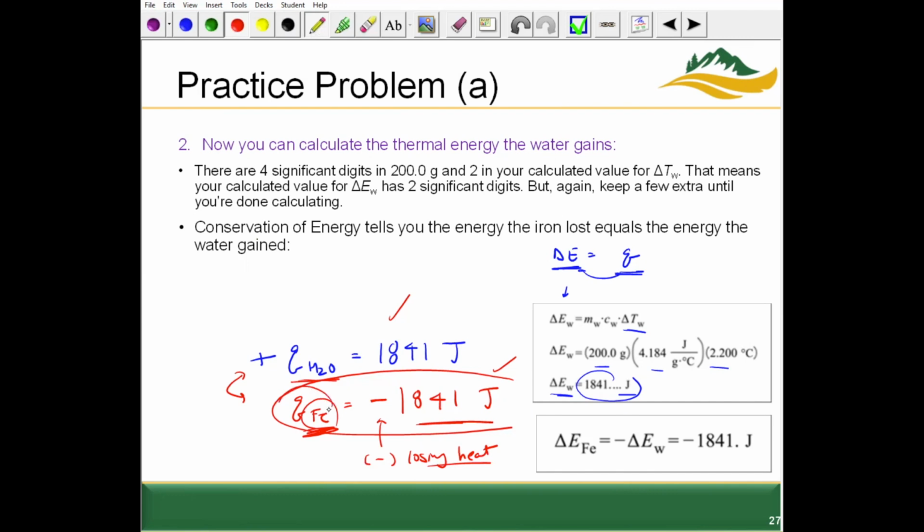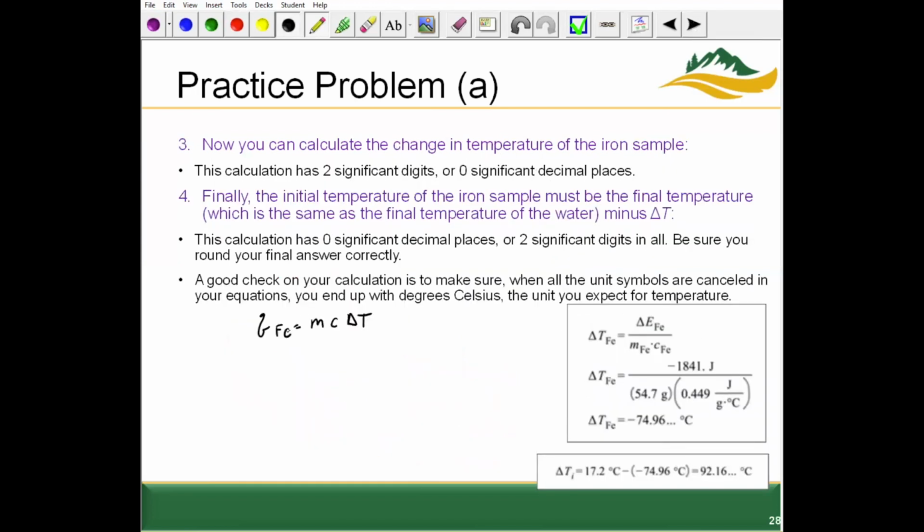Now we can take this and still think about Q of Fe being equal to mc delta T. This has to be the mass of iron, specific heat capacity of iron, change in temperature of iron. So Q of iron equals mc delta T. Q of iron must be negative 1,841 joules.